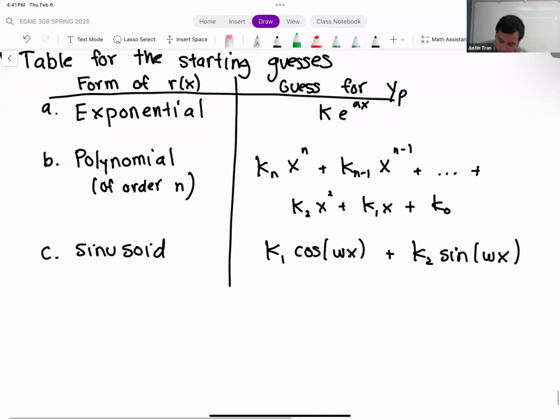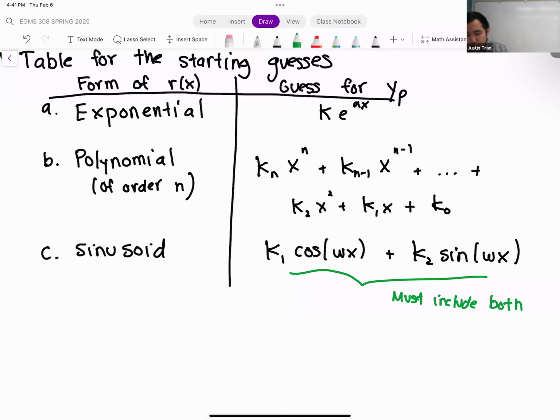I'll leave a note here: even if your non-homogeneous term only has one sine or one cosine, you have to include both.